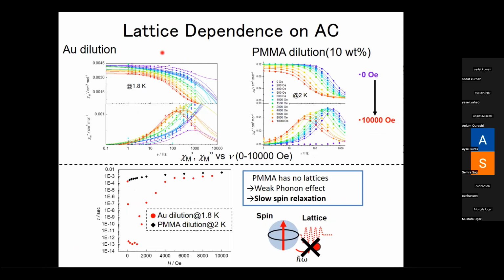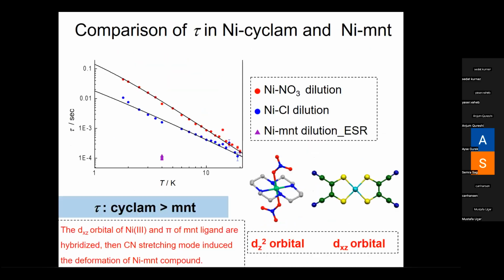So then slow magnetic relaxation is observed. This is a candidate of molecular spin qubit. So then these are all results. Nickel MNT is the shortest because this molecule's stretch mode is very strong. However, the macrocycle is rigid. So then nickel chloride, nickel NO3. Nickel NO3 has the longest lifetime in these nickel-3 compounds.